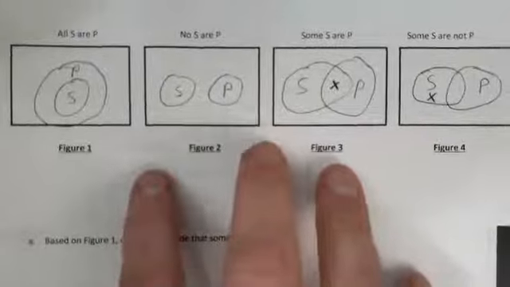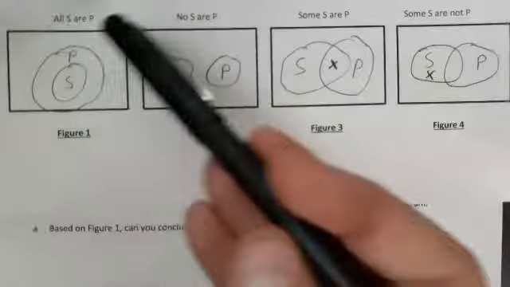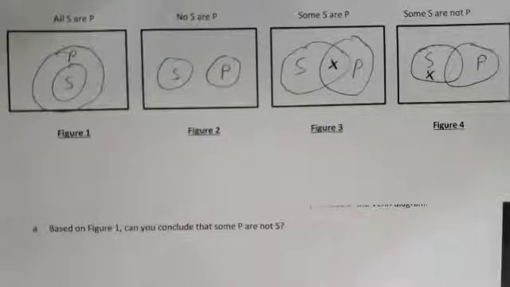Okay, so we're going to have to refer back to these pictures. So hopefully I can get these pictures on there as well as this. So based on figure 1, can you conclude that some P are not S? So all of S are P. So what is this saying?